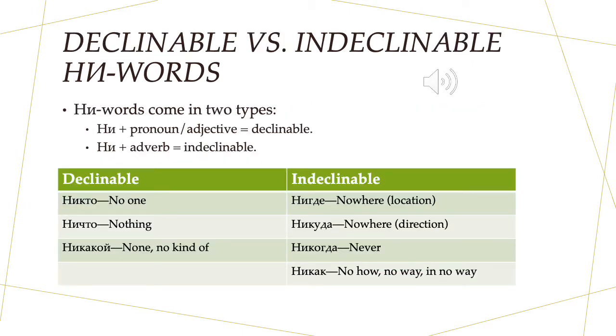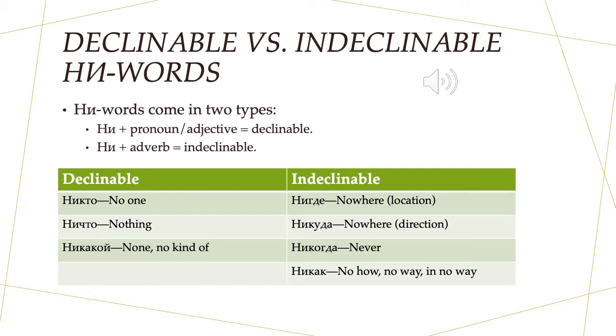To make things more complicated, these ni words come in 2 different types, declinable and indeclinable. The indeclinable ni words are made out of adverbs, and you can see the chart I have here on slide 3 of the PowerPoint. So we have ni plus an adverb like нигде, nowhere, никуда, nowhere, никогда, never, никак, no how, no way, or in no way.